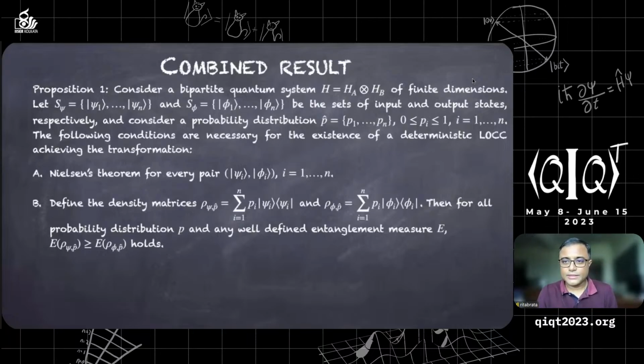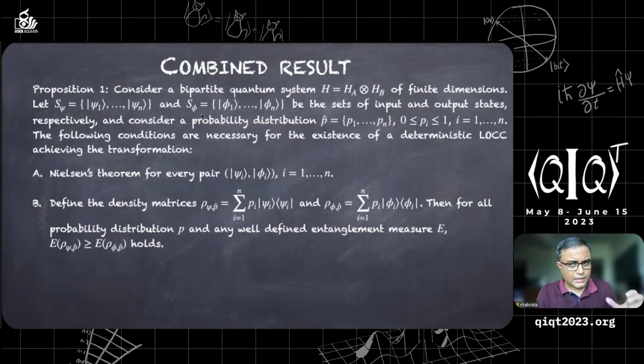Now, something more. Something more is the following. I have the input states, let's call S psi the set of all input states, and S phi the set of all output states.